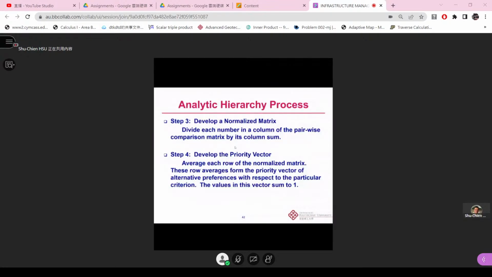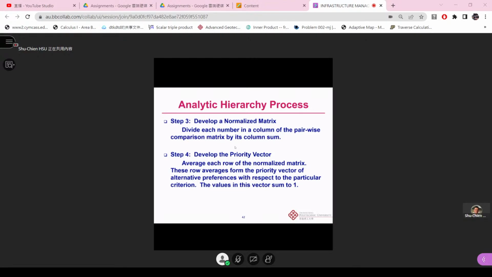So for step three, we develop the normalized matrix by dividing each number in the column of the pairwise comparison matrix by its column sum. And then we develop the priority vector: we average each row of the normalized matrix.